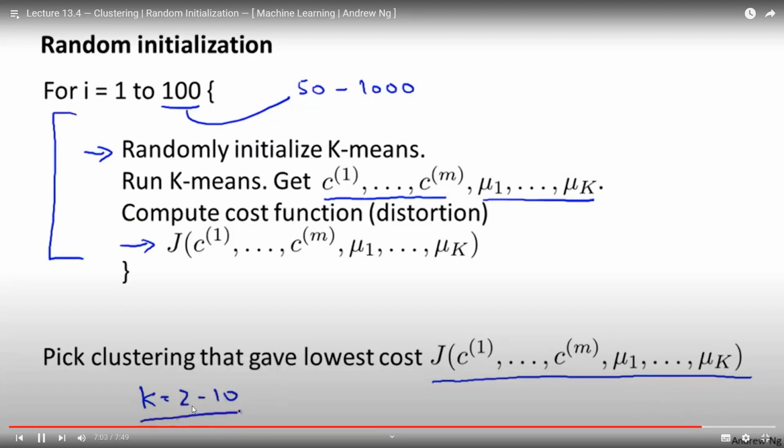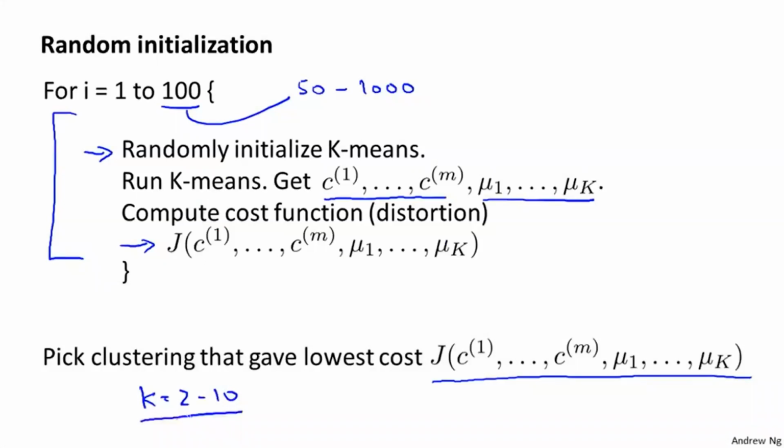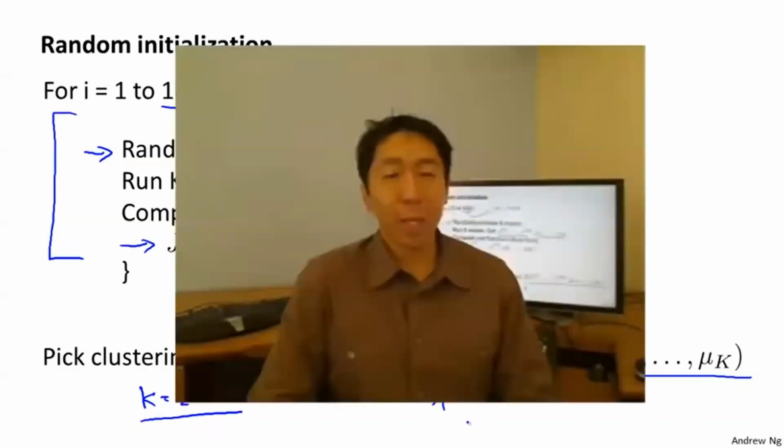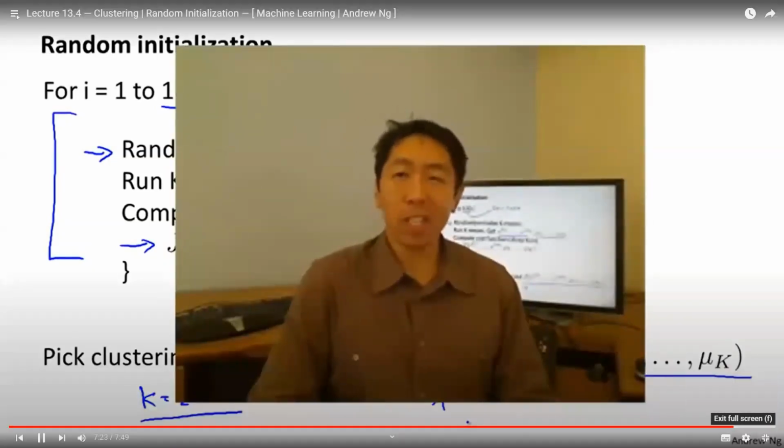But it's really in the regime of a relatively small number of clusters, especially if you have maybe 2 or 3 or 4 clusters, that random initialization could make a huge difference in making sure you do a good job minimizing the distortion function and giving you a good clustering. So that's k-means with random initialization.